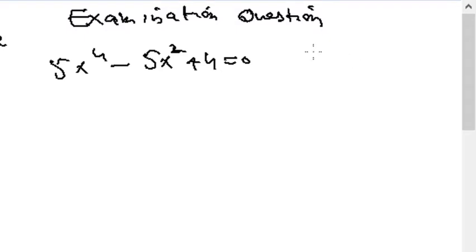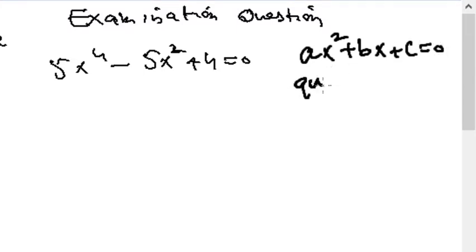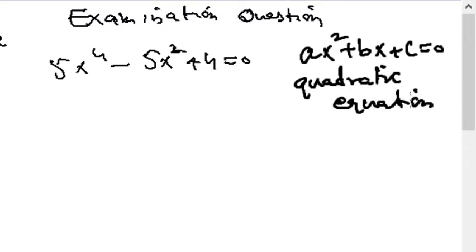In Year 9 and Year 8 we have seen ax square plus bx plus c equal to 0, and our teachers told us that this is a quadratic equation, where the maximum power of x is 2. That's what we have done in Year 9 and Year 10.